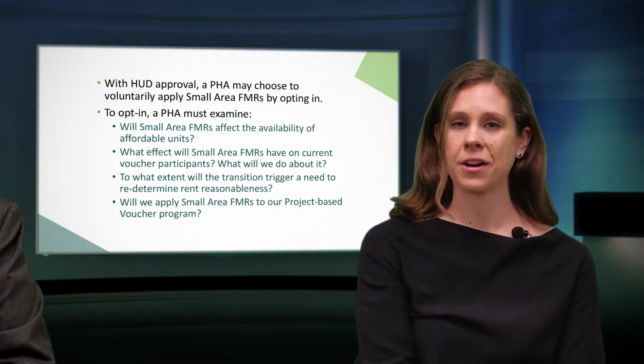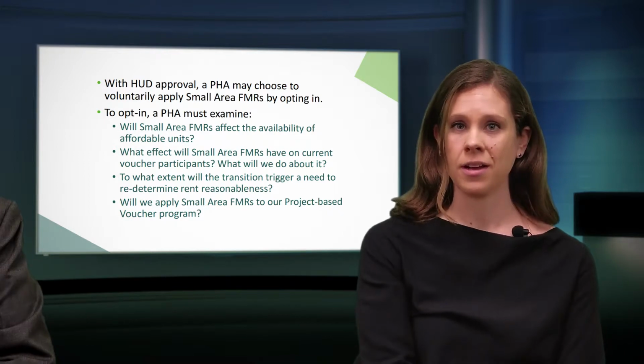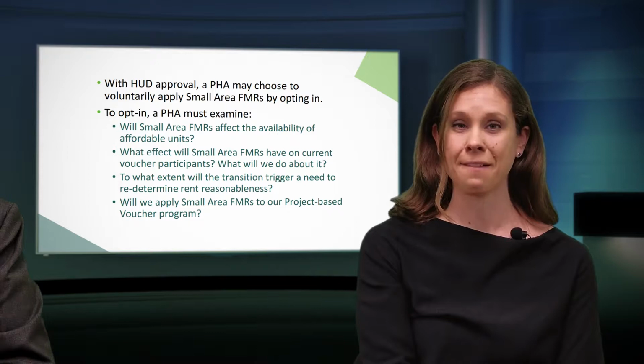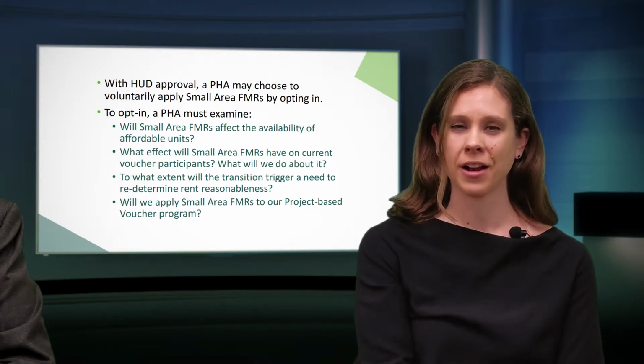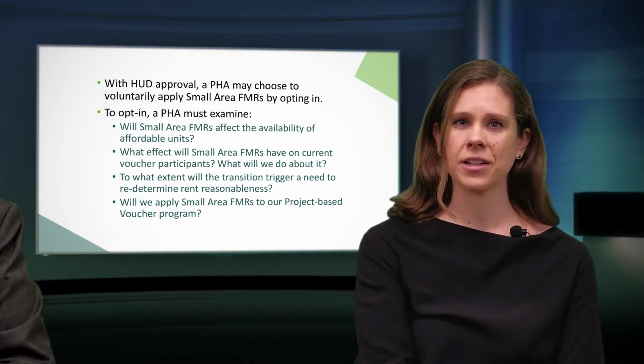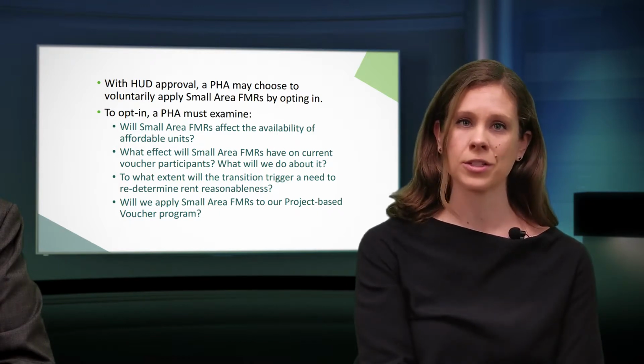In making this comparison, the PHA should consider whether adoption of small area FMRs is likely to have an adverse effect on the availability of rental housing that is both affordable and available to tenants and applicants. Estimate the effect of small area FMR adoption on families currently under HAP contract, and consider whether to adopt the hold harmless or reduction in subsidy options.